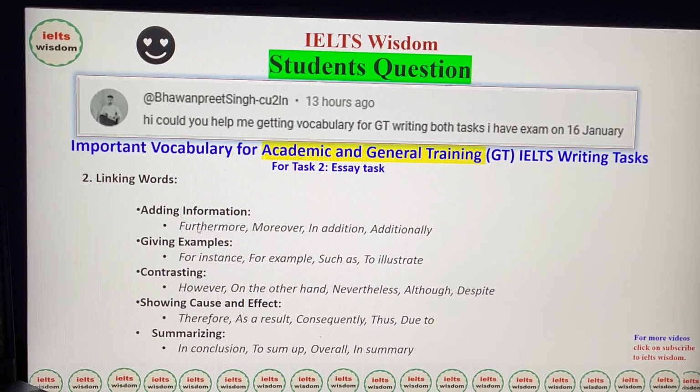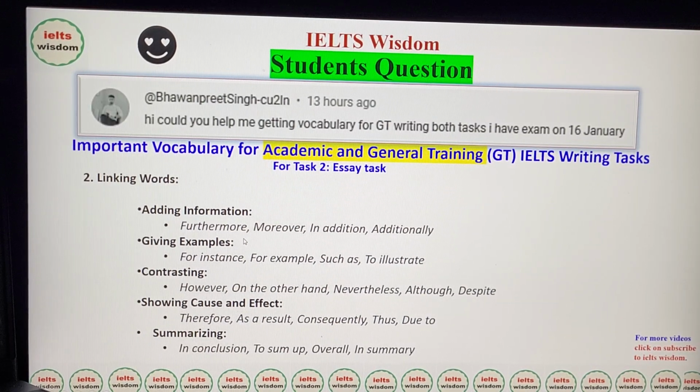Do not repeat next, next, or and again and again. You need to change in every line, in every paragraph. Whenever you are adding something, use in addition to that, furthermore, moreover, or additionally.